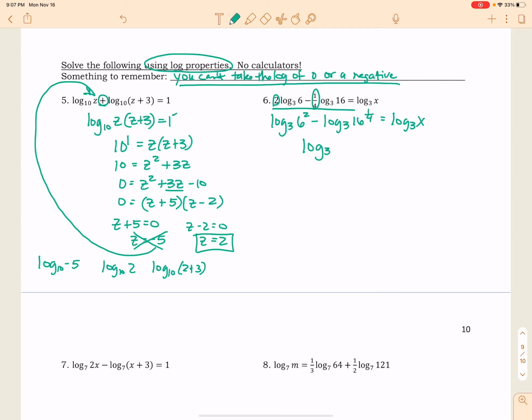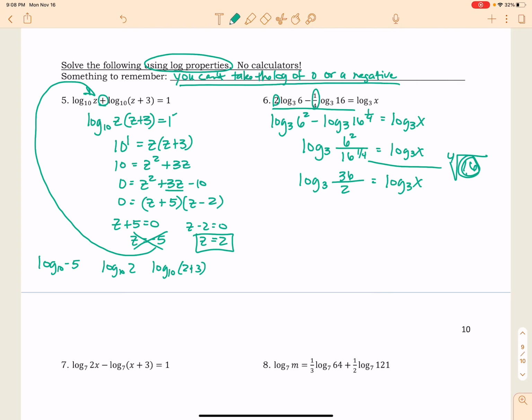So I've got log base 3 of 6 squared over 16 to the 1/4. Now I'm going to tidy this up a little bit. 6 squared is 36, and 16 to the 1/4 means the 4th root of 16. The one number that I can bring to the 4th power that will give me 16 is 2. So that's what the 4th root of 16 would be.